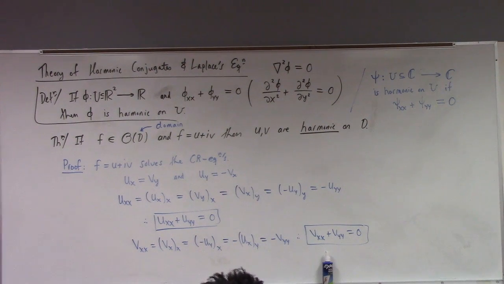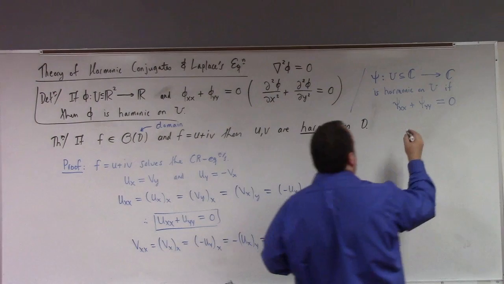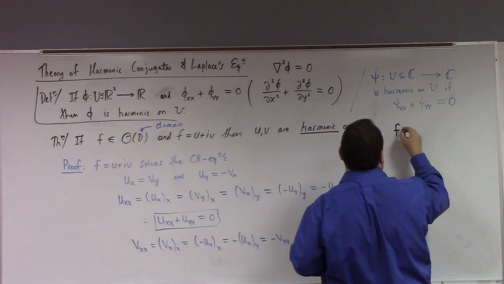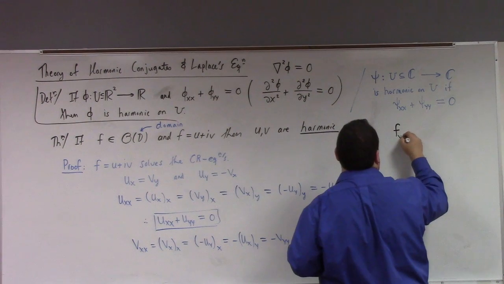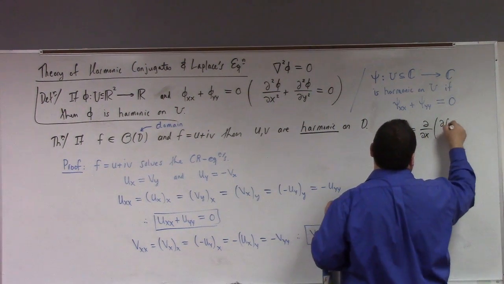And we can easily show that a complex function is harmonic. I'll show you that. So if I start with a complex function f, right? And I take the xx derivative of it, I'll rewrite that as partial x of partial f partial x, right?